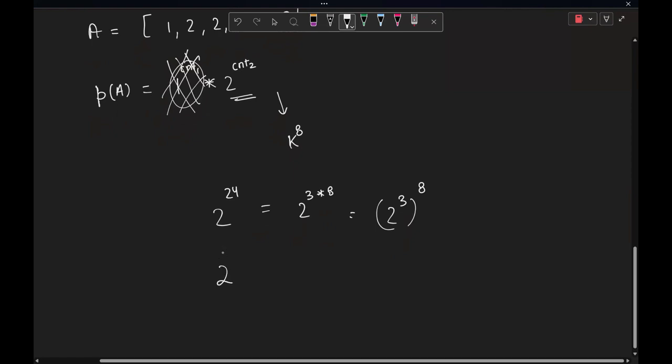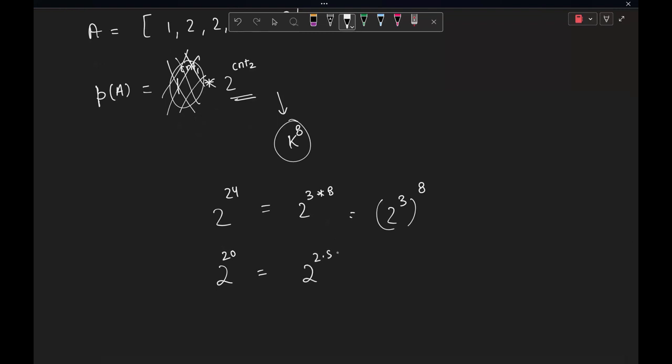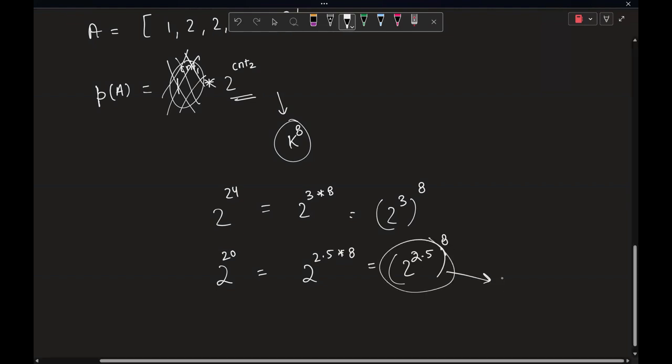But if it was something like 2 raised to the power 20, then for representing it as k raised to the power 8, it would be 2 raised to the power 2.5 into 8, which is 2 raised to the power 2.5, raised to the power 8. And this thing would not be an integer.